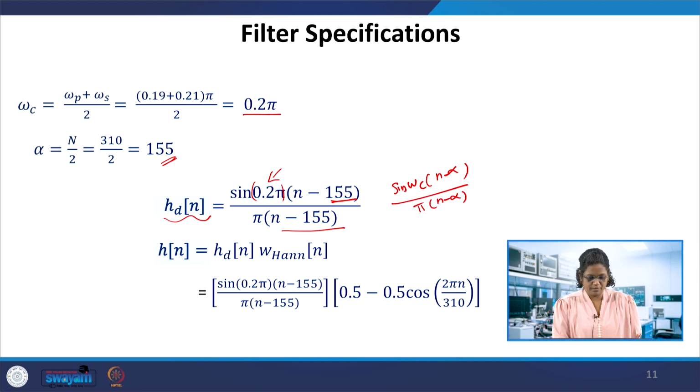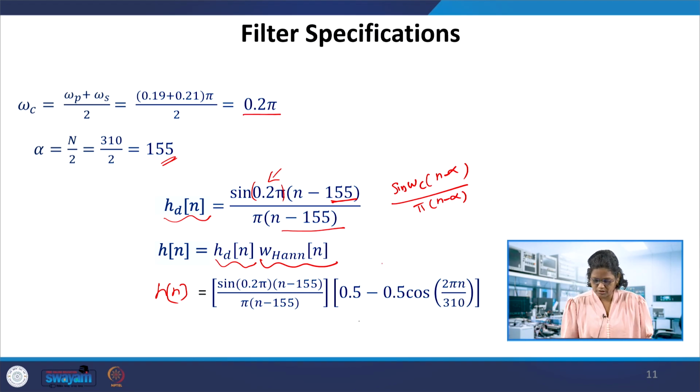From this hd of n, we can get h of n, by multiplying hd of n by the Hann window expression. So we can get the coefficients by substituting various values of n. Using this expression, we end up with h of n.